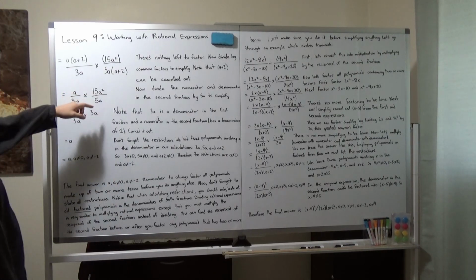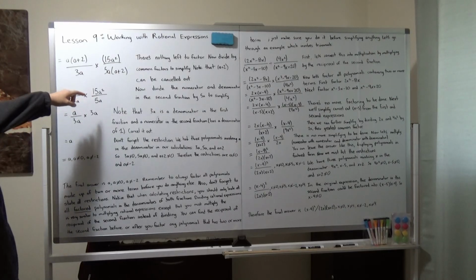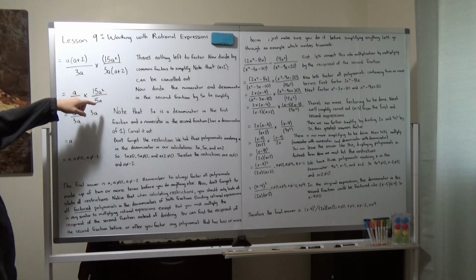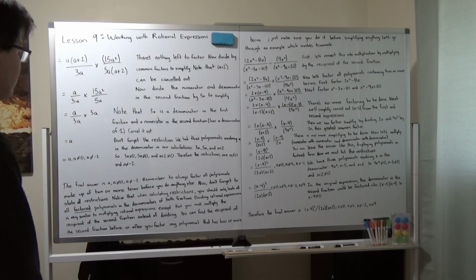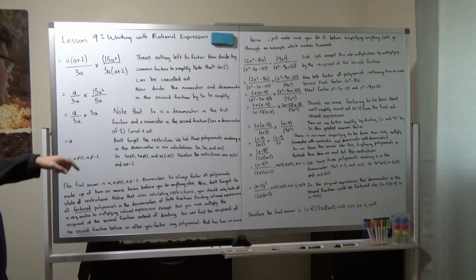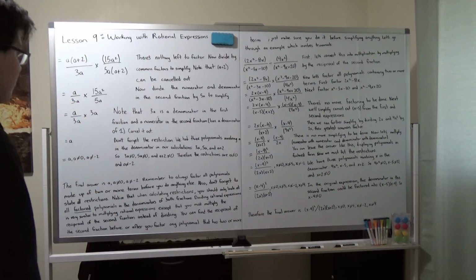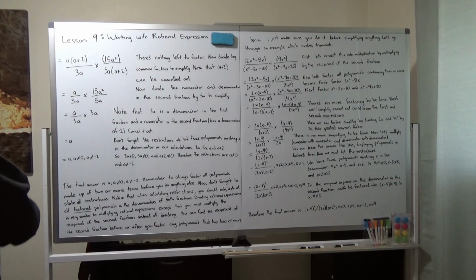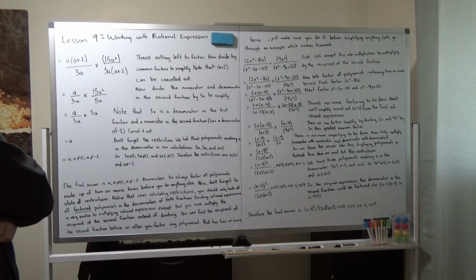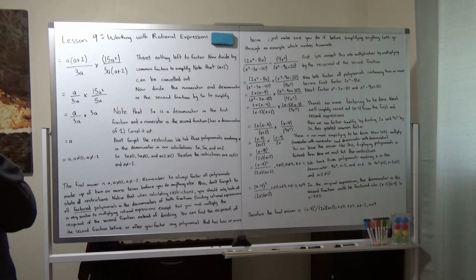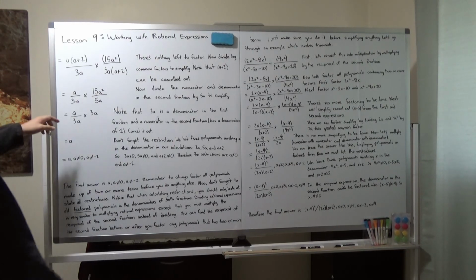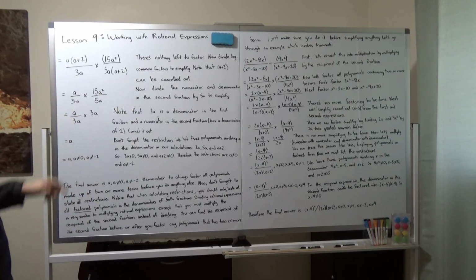Note that this can be simplified. So we do 15a squared divided by 5a and 5a divided by 5a. 15a squared divided by 5a is equal to 3a, and 5a divided by 5a is equal to 1. So we bring everything down. Equals a over 3a times 3a.